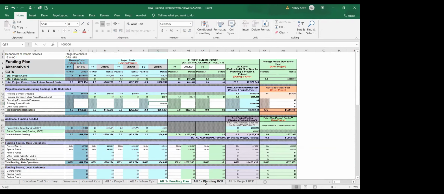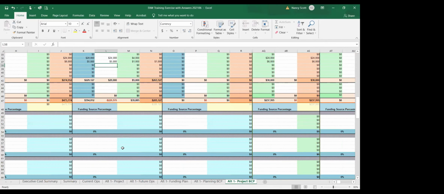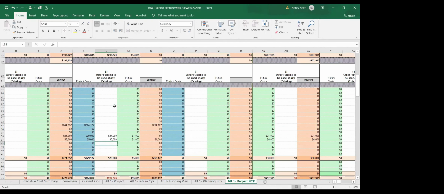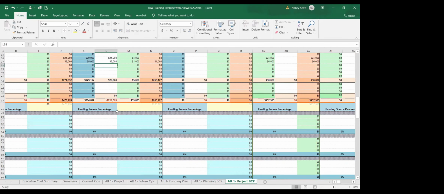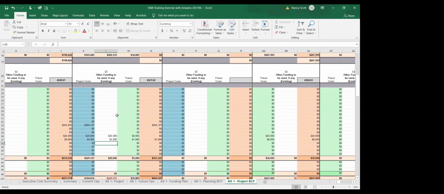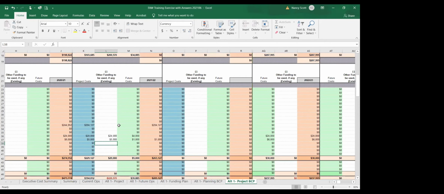So if I went back over here to my BCP, I'm at 229,590. So it looks like I still need to show where that additional money is coming from. Or that's probably that 400,000.